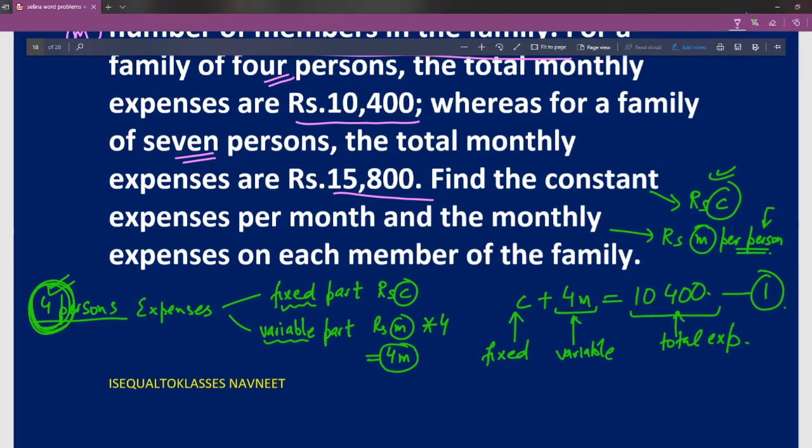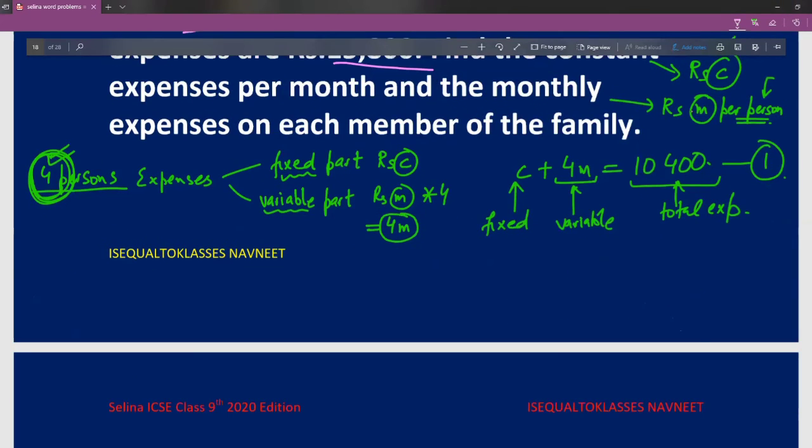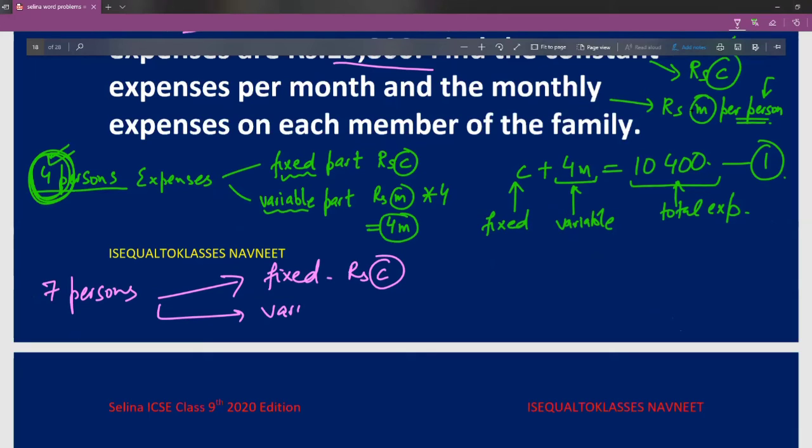Whereas for a family of 7 persons, now again, if I have a family which has 7 persons, one part would be fixed. Fixed would remain rupees C. This part remains fixed. The second part is the variable part. The variable part depends upon the number of family members.